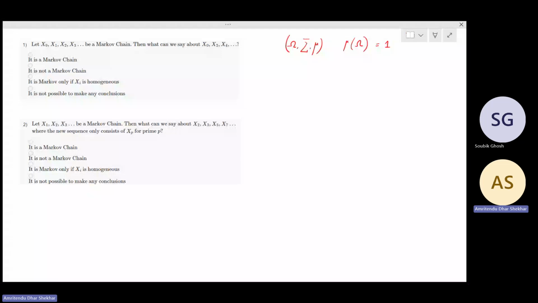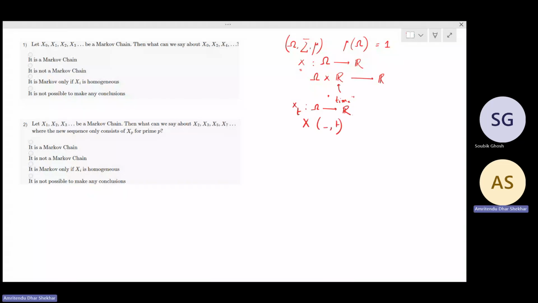Formally, you can think of a stochastic process as a map from this space cross R. This R is basically a time parameter. Often we write Xt as X of omega comma t.